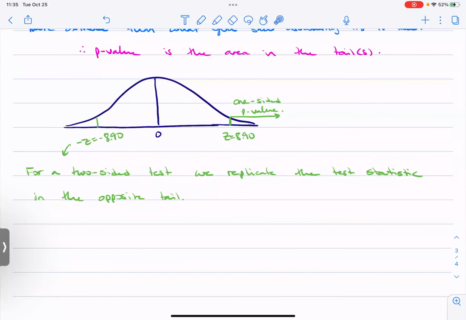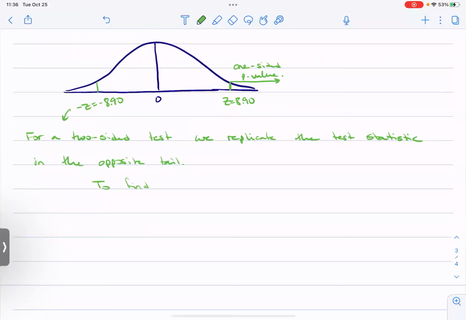So this is going to be the one-sided p-value that we're finding. But if I need to replicate that in the other tail, I just multiply it by 2. So you're always going to start by finding your one-sided p-value, and then you're going to replicate it to find the two-sided p-value.